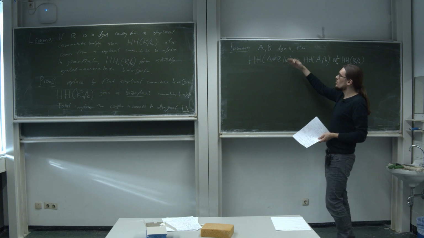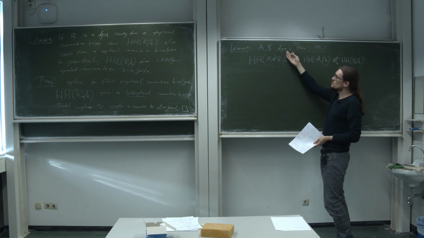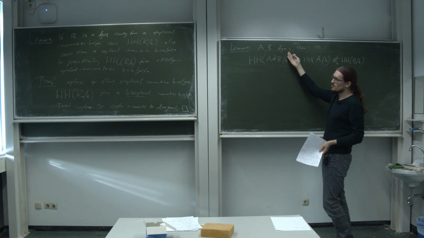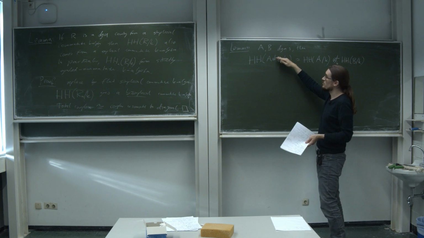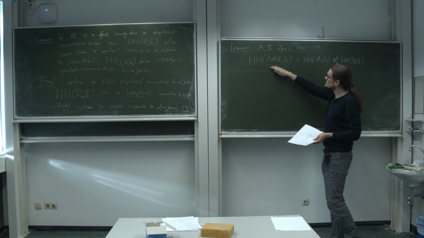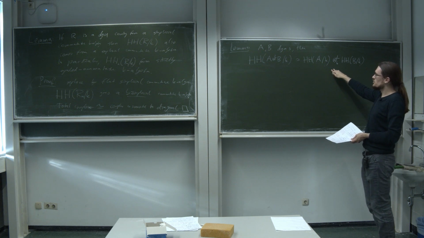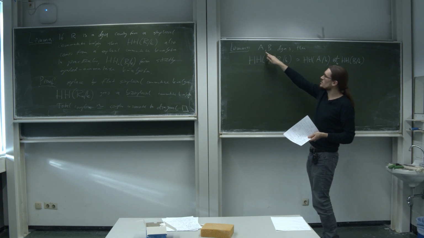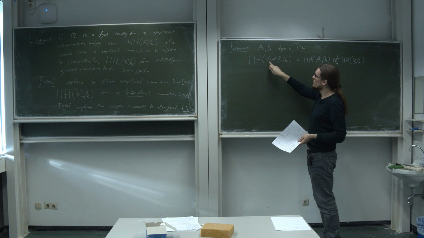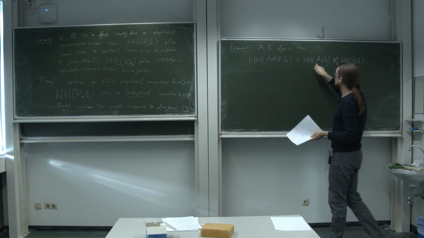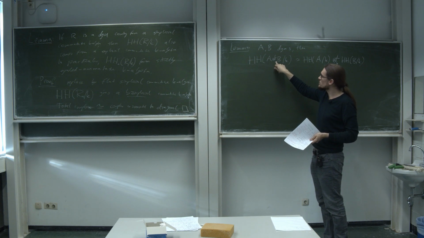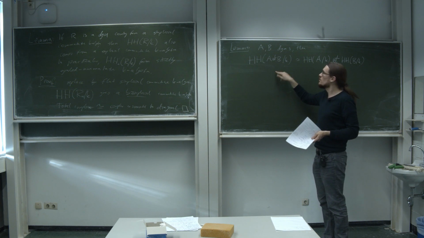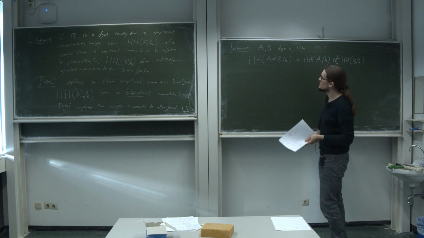If you have a commutative DGA, a graded commutative DGA, like discussed earlier, maybe just coming from a commutative ring, then this statement gives you a product structure, because if you just have A and B both equal R, then here you can put R and R and R and R, and then you have a multiplication map from R tensor R to R, which the composite gives you a product structure.